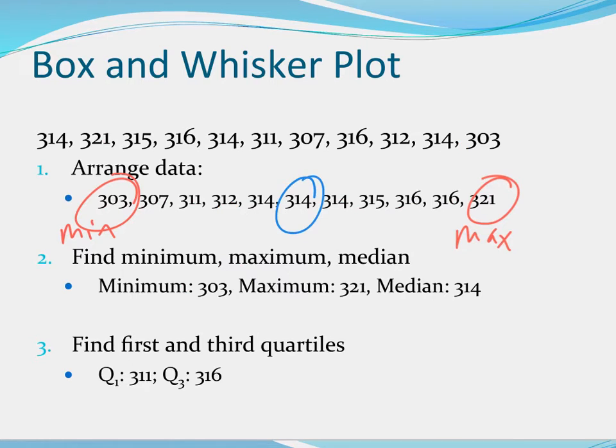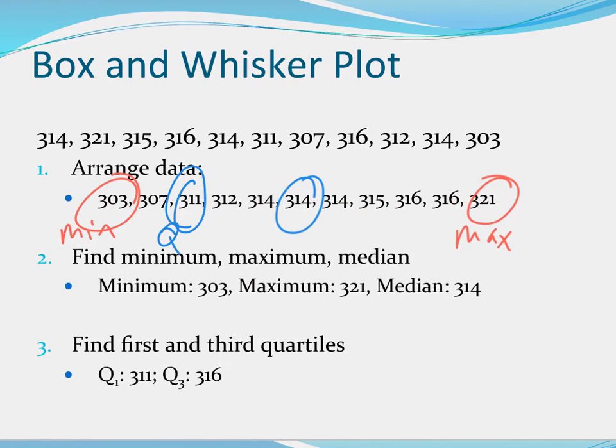Now, finding the first and third quartiles. This is kind of important here, so I need you to tune in real good for me. As we said before, the first quartile is the lower median. When you find the lower median, you leave out the actual median. So I have 1, 2, 3, 4, 5. Let me say that again: leave out the actual median. 1, 2, 3, 4, 5 numbers, and so it is this one right here.